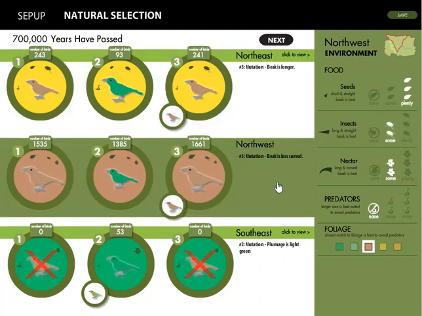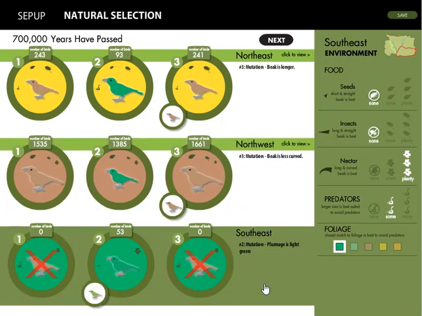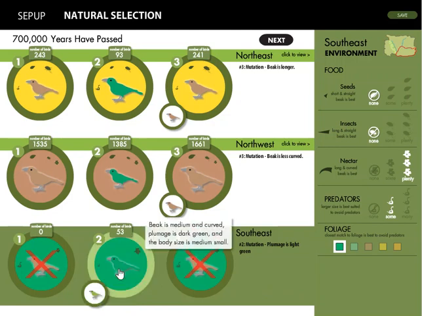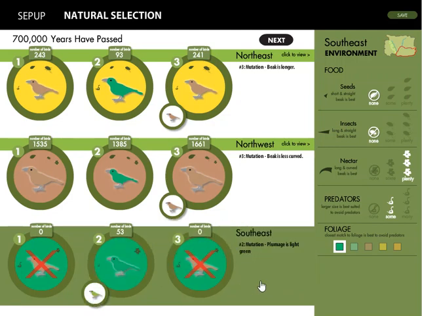In the Northwest, the mutation was less curved, but they have so many food resources. I'm assuming it's not going to affect them greatly either way, or at least not harm them. And then in the Southeast, the mutation was that the plumage became light green. So it's become farther from the foliage. Let's see what happens.